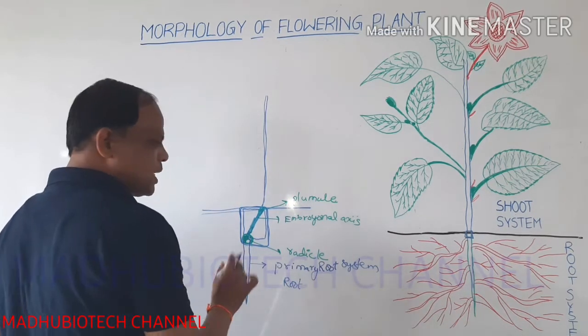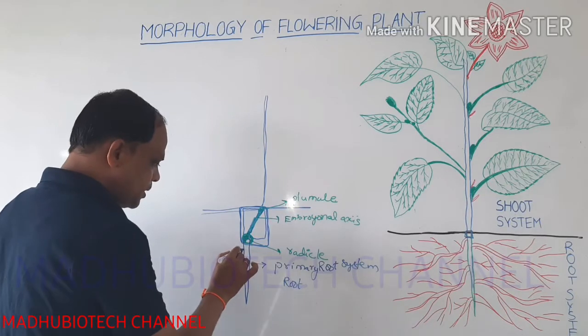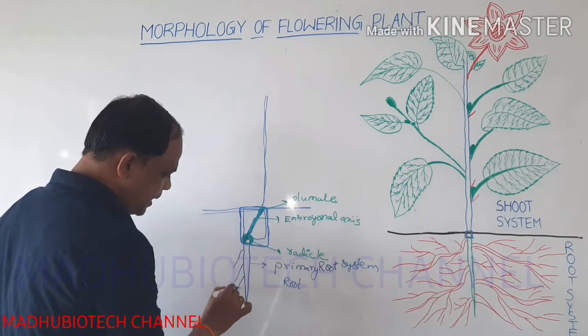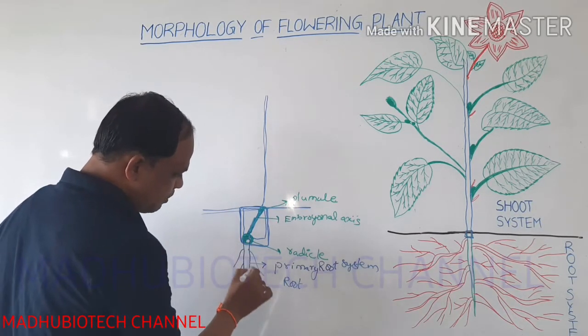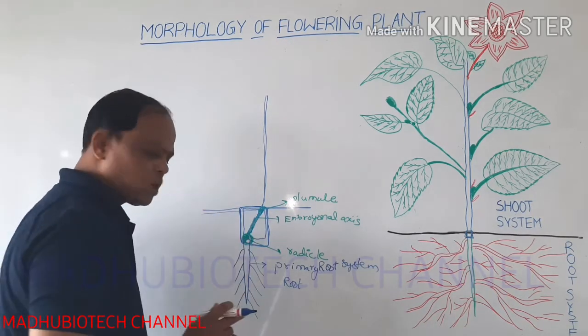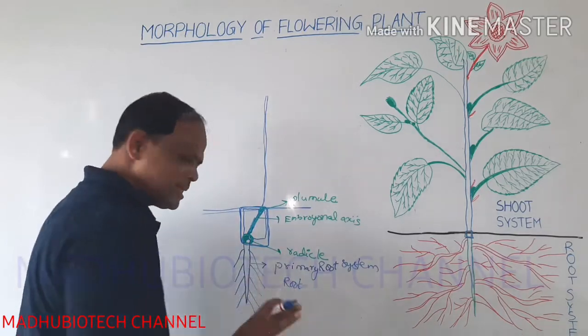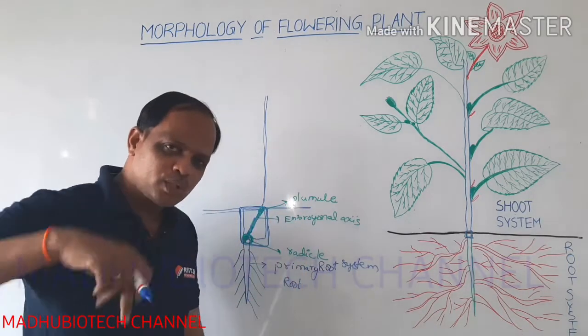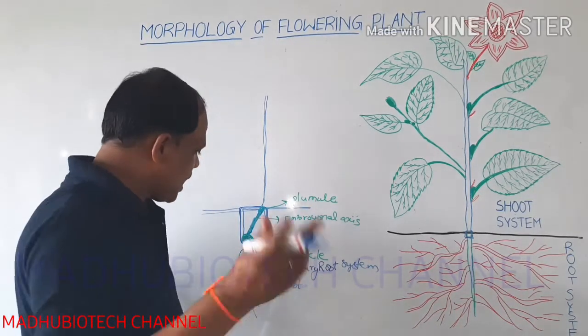Then the primary root grows in an acropetal manner, by the endogenous process. Mainly there are two processes, exogenesis and endogenesis.